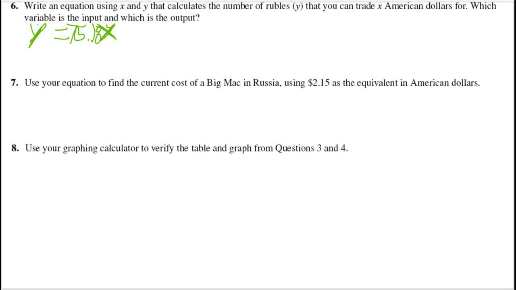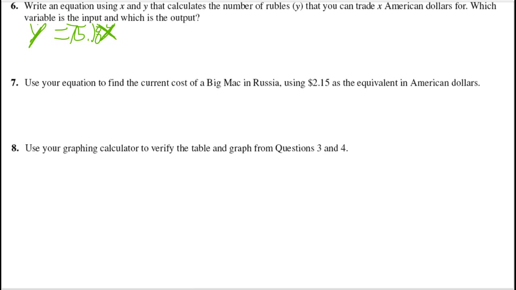Actually, we can just leave that out. There's another way you can think about this. We already decided we're going to multiply dollars times the number of rubles. If x is the number of dollars, we're going to multiply that by 75.18. 75.18x means once you figure out what x is, multiply by 75.18. And when we do that, we know we're going to get rubles. We know that answer is going to equal rubles. So we can construct the equation in that way.